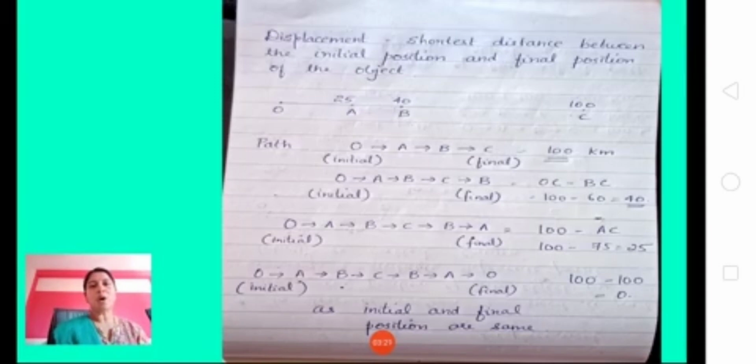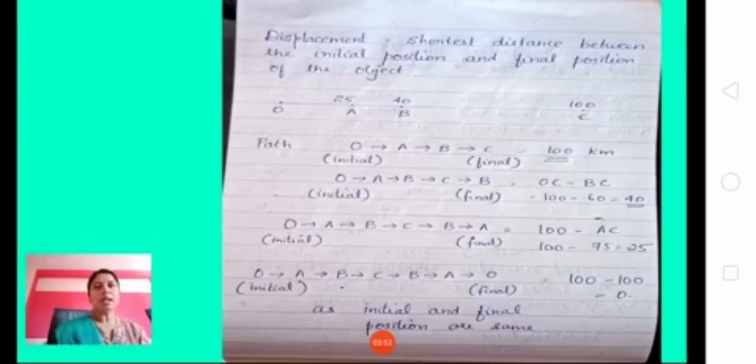Now in case the object starts from point O, it moves to A, then B and finally stops at C. We know that the length between O and C is 100 kilometers. O is the initial position and C is the final position, and the length between O and C is 100 kilometers. So we say that the displacement is also 100 kilometers by its definition.